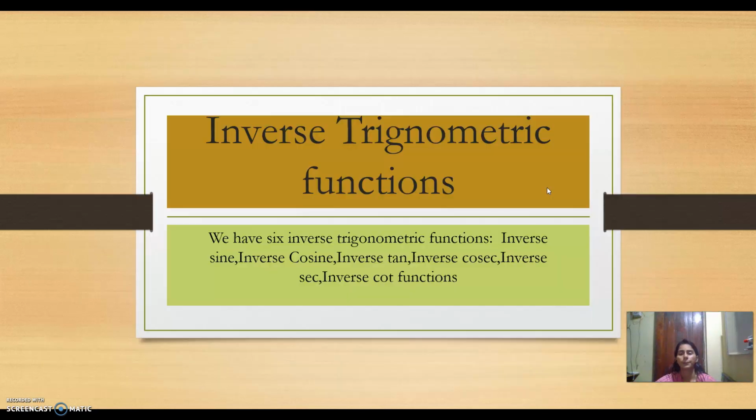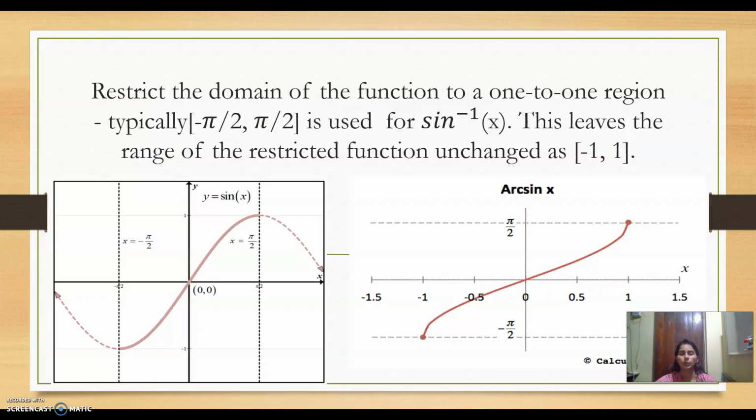So what is the need of this one-to-oneness? We know that if a function is one-one, then we can find the inverse function also. So I have to find the inverse sine function.